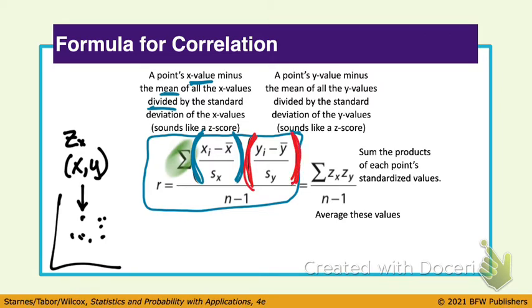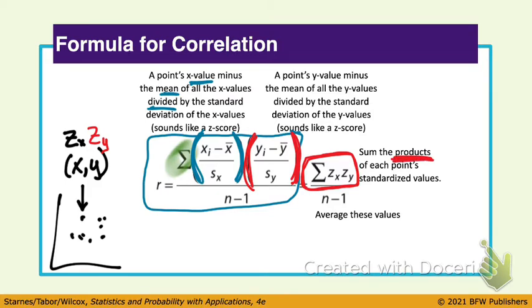So I'm getting the standardized z-score for the y value for the point. This is the simplified version: I get the z-score for the x value, the z-score for the y value, and then we multiply them. So I get their products.